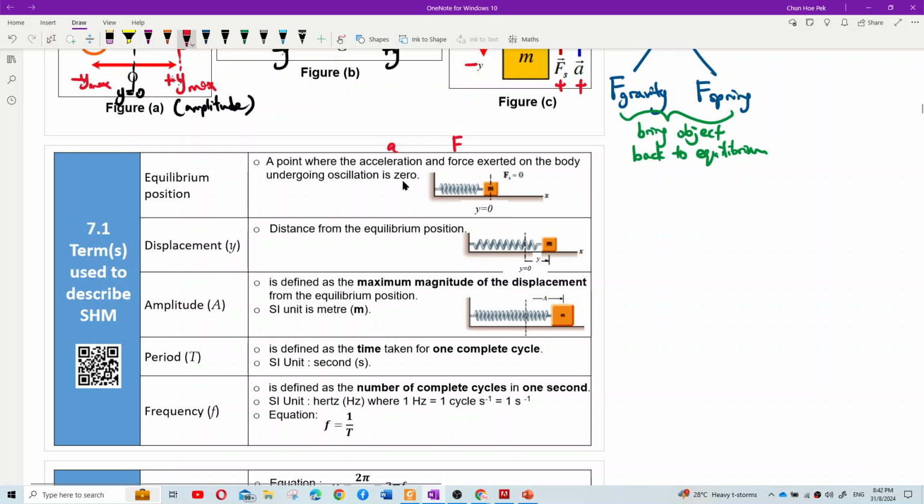Acceleration and the force is zero. That means if the object is at the equilibrium, the spring has no force. If y equals 0, acceleration also 0, the restoring force also 0.